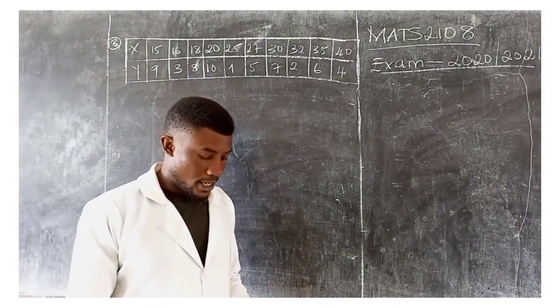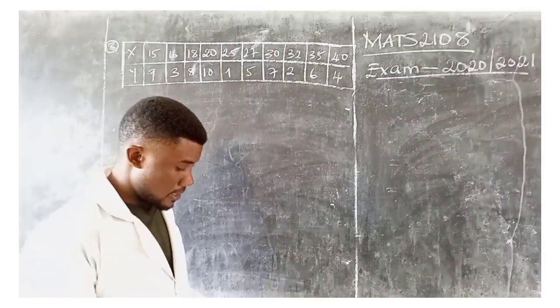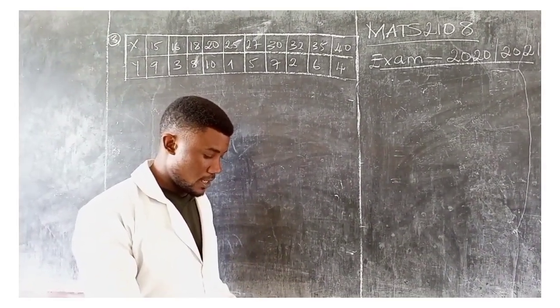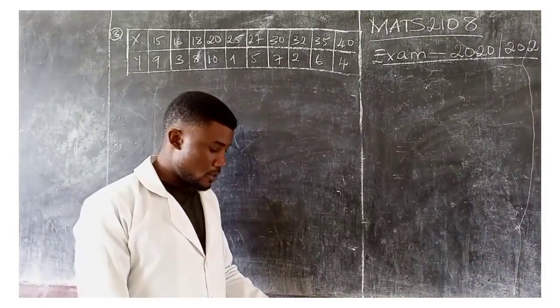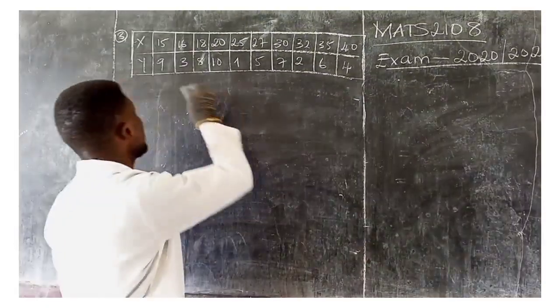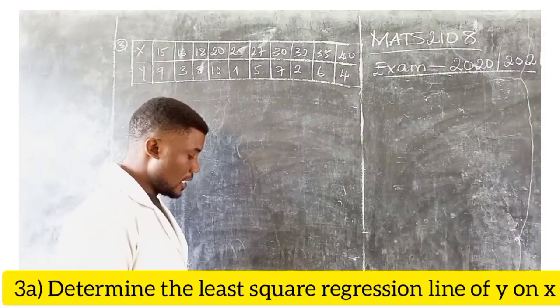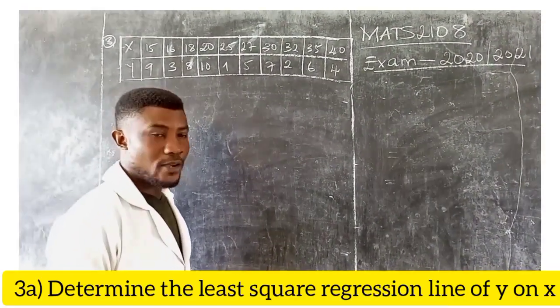Question number 3 says that the relationship between two variables x and y is as shown in the table below. This is the table. The A part says, determine the least square regression line of y on x.